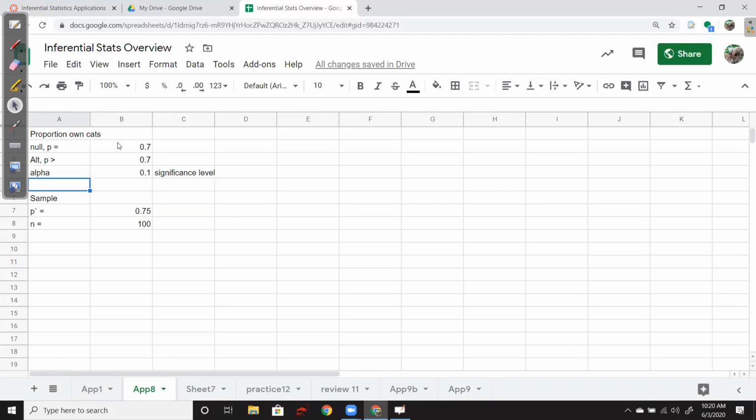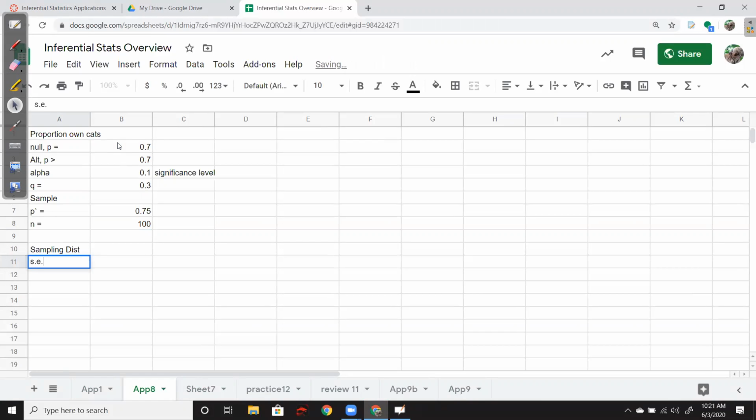Up here, however, I do need Q. So P and Q are from the population. P prime and Q prime are from the sample. So that's going to be 1 minus the null. Okay, and then I need the standard error. So that's about the sampling distribution.